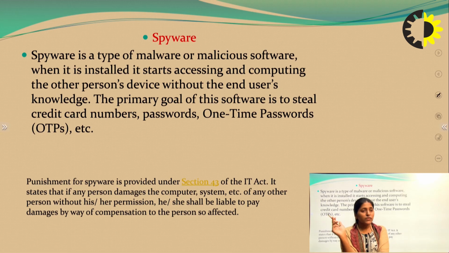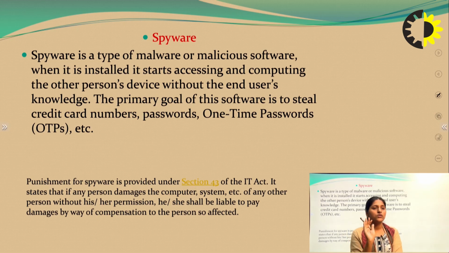Once this is installed, the user who owns the computer, the authorized user, does not have knowledge that someone has installed some malware or some software in my system. The primary goal of this software is to steal someone's credit card information, passwords, and OTPs.